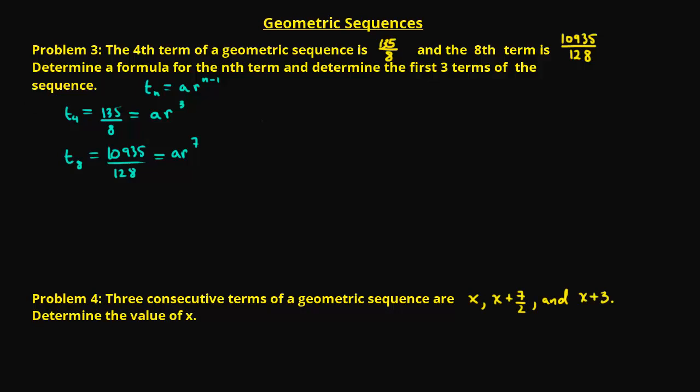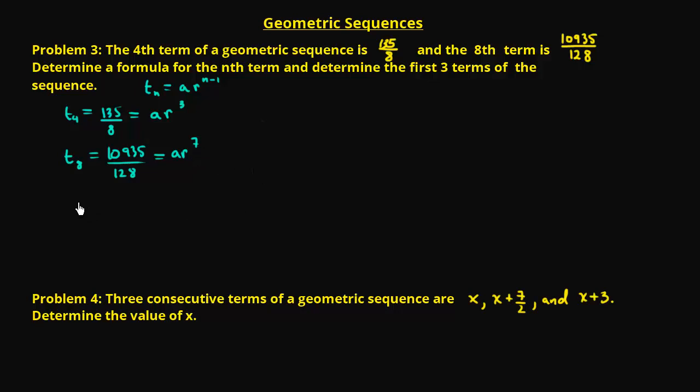So this is the information that we're given, and in order to figure out what the nth term is, we have to solve for a and for r. So how do we do that? Well, we've got two equations: 135 over 8 is equal to ar to the power of 3, and 10,935 over 128 is ar to the power of 7.